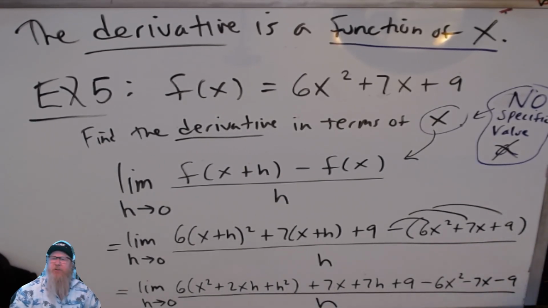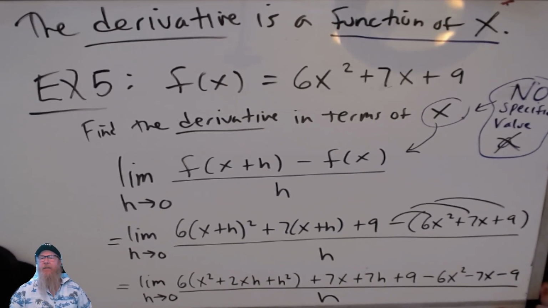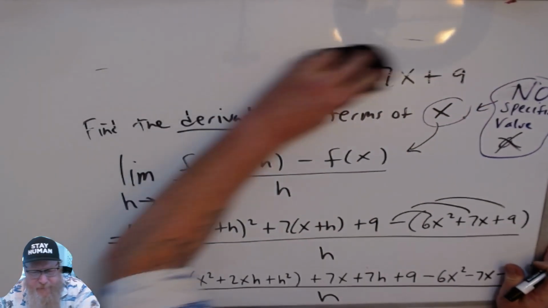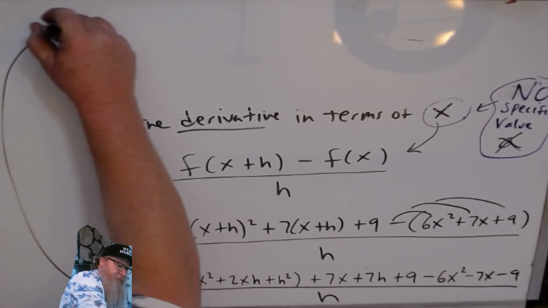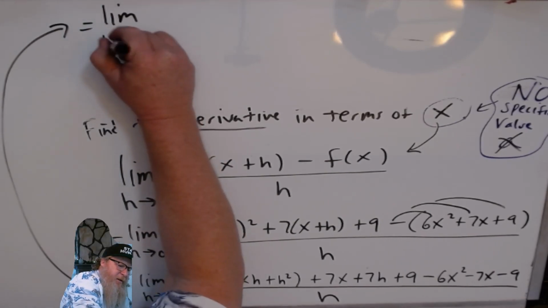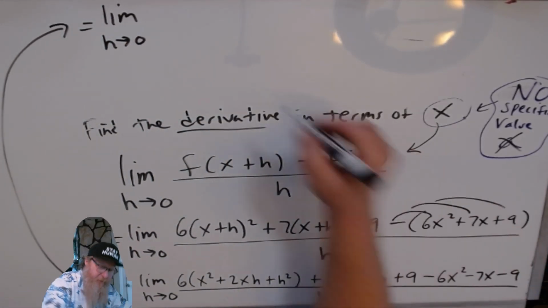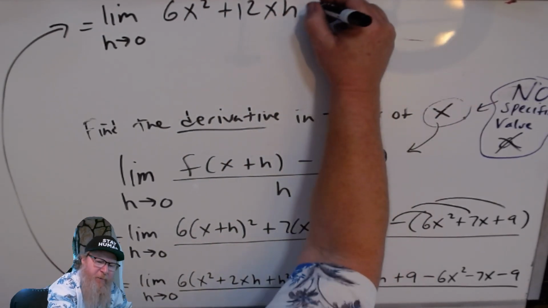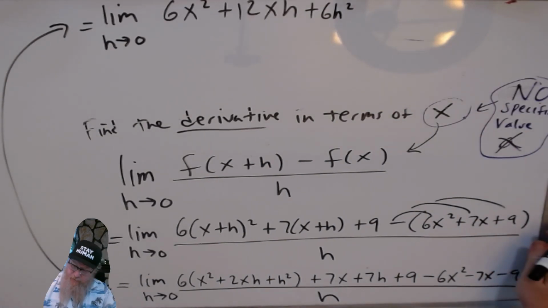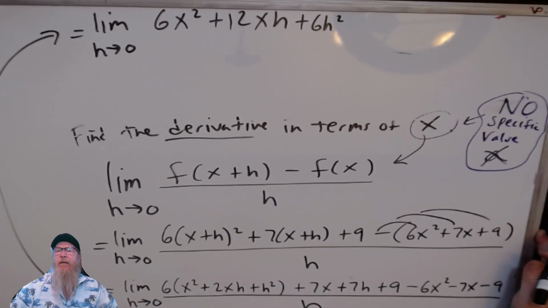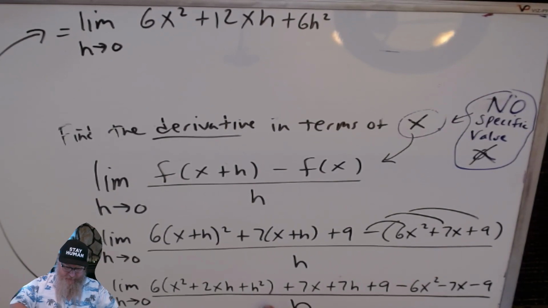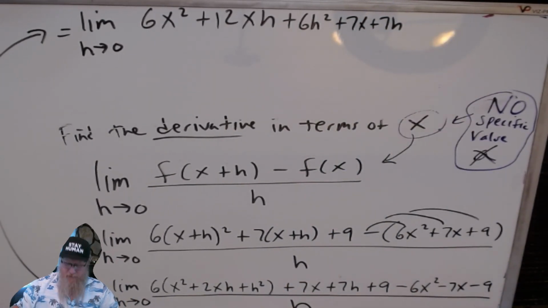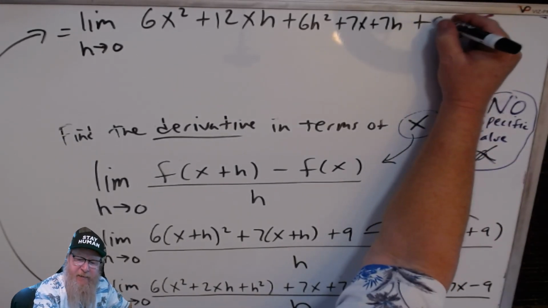All over h. Running out of space. The limit as h goes to 0, 6x squared plus 12xh plus 6h squared plus 7x plus 7h plus 9.